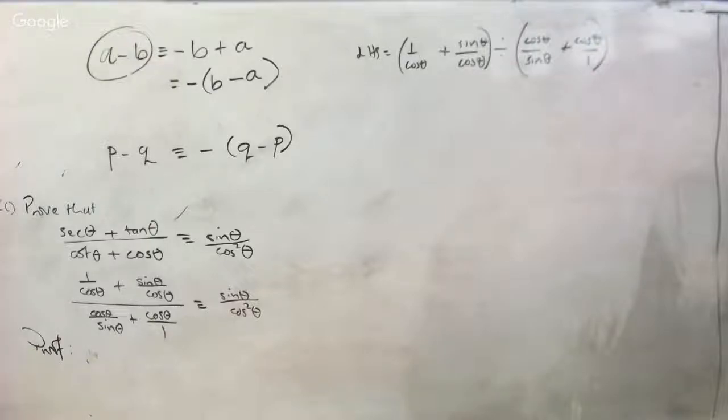Could you repeat how you remove the tan? The tangent is sine upon cosine, every day and twice on Sunday. That's the ratio. We did it when we introduced the graph.